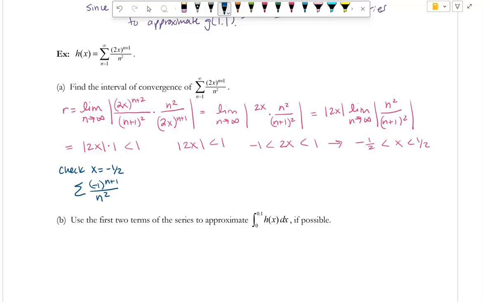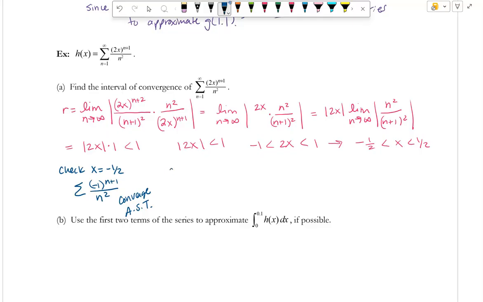If I think of it as just 1 over n squared, getting rid of the alternating piece, 1 over n squared goes to 0 eventually, and the magnitude of our terms is decreasing. So this would converge by the alternating series test because 1 over n squared would decrease in magnitude to 0.